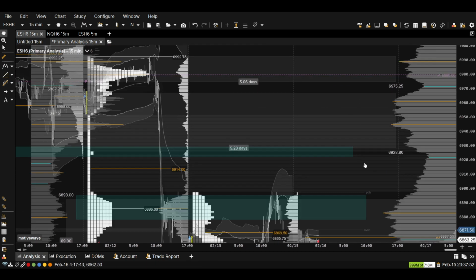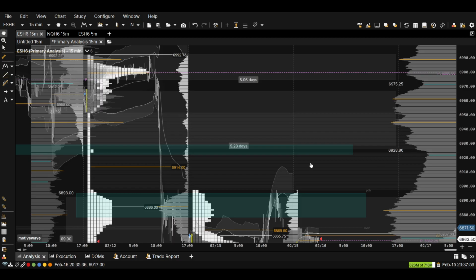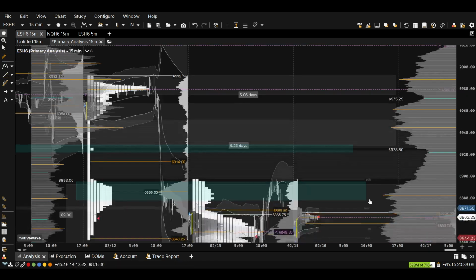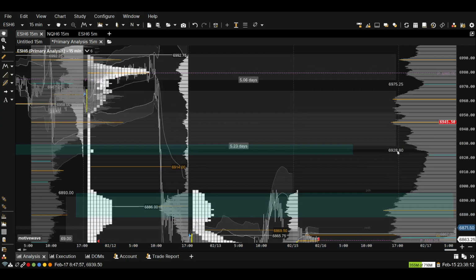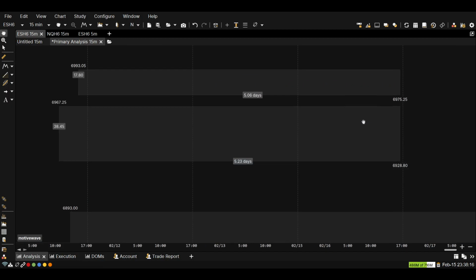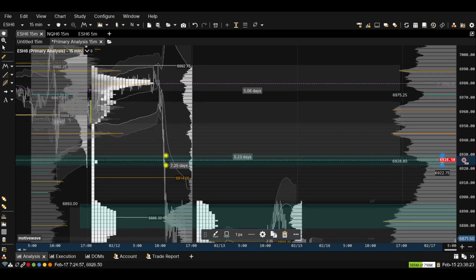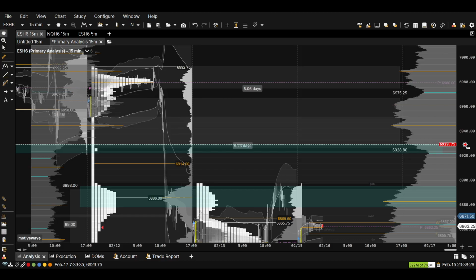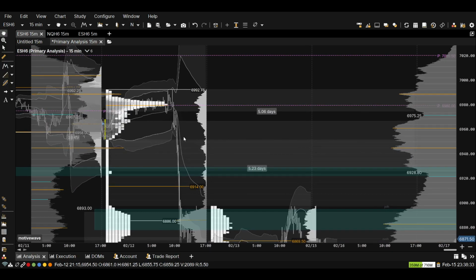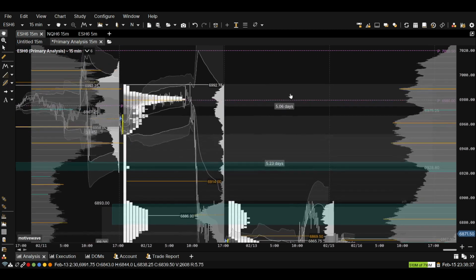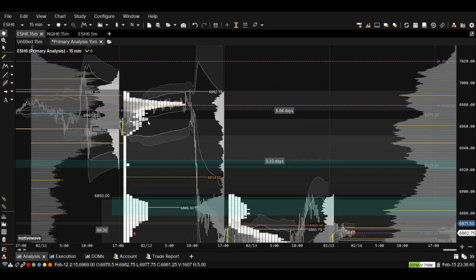So I want to see an acceptance. After seeing acceptance here above the previous day high and above this single print, I want to see maybe a contraction to here, and then a bullish movement accepting higher prices above this level, 6,913. Acceptance through the level, fill out this single print of the TPO, and then reach this high volume node area.